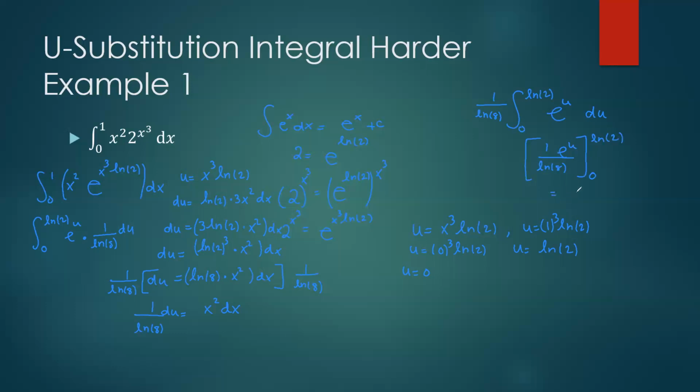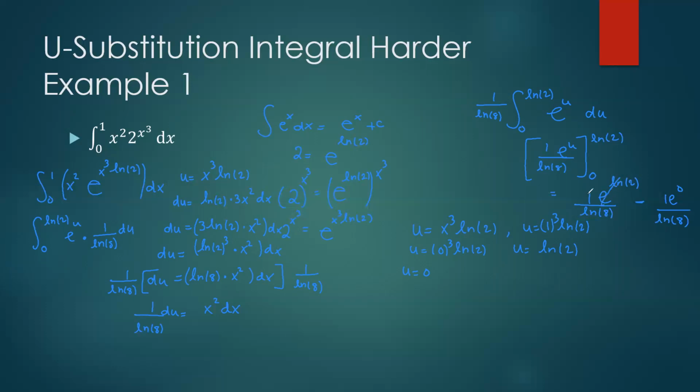Okay, so this would be e to the ln of 2, and then it's still 1 over ln of 8, minus e to the 0, 1 over ln of 8. Okay, so on this side here, e to the and ln are inverses, so it cancels.